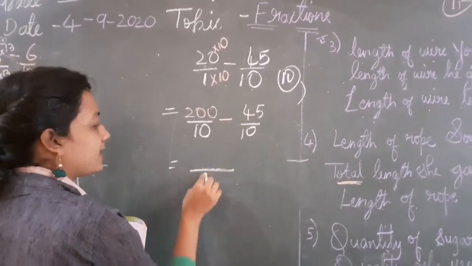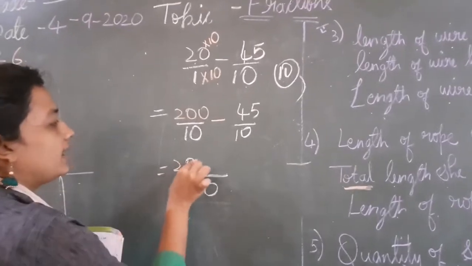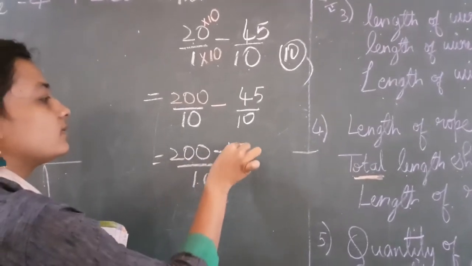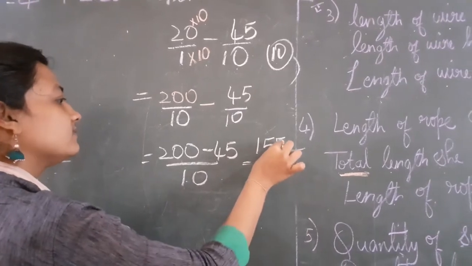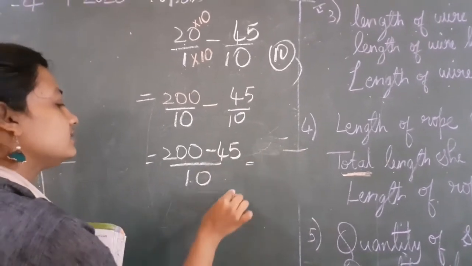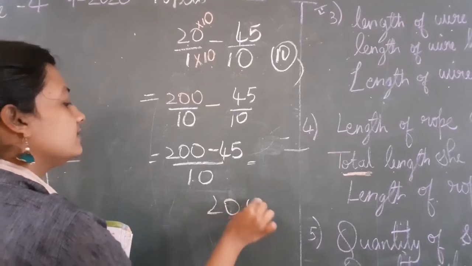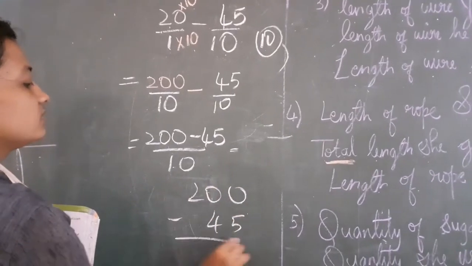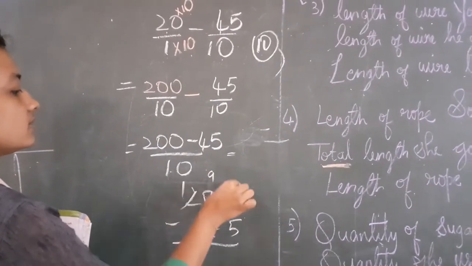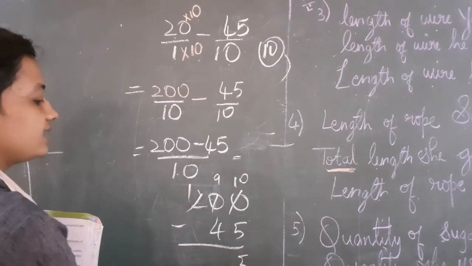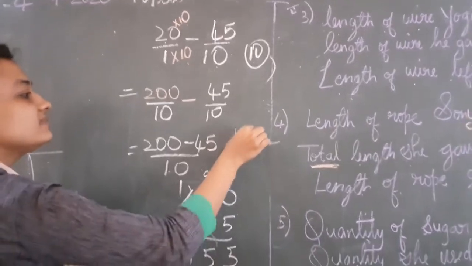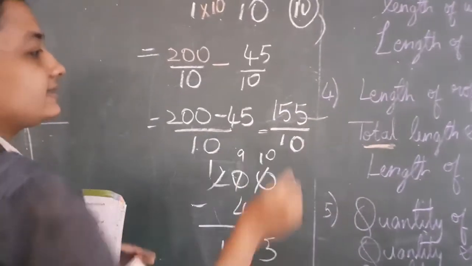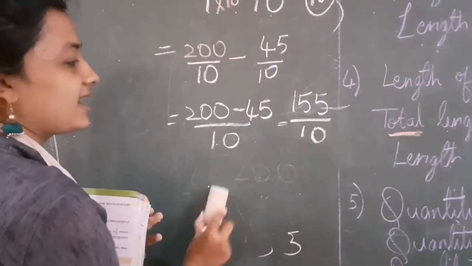Now I can subtract. What is 200 minus 45? It is 155. We'll just check it once. 200 minus 45, so it is 1, 5, 5. So my answer is 155 divided by 10. So this is my final answer.